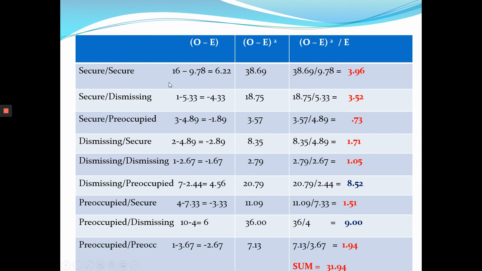So secure people tend to be more towards each other. Secure people will more likely be in relationships with a preoccupied person versus a dismissing person. A preoccupied person, at least you have somebody who cares about the relationship and has some emotion. And secure people can try to work with that, if you will. Whereas a dismissing person, a secure person probably will say, "Forget this. This is not the relationship I want.